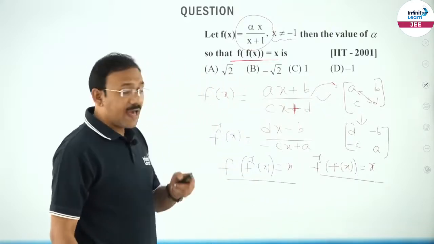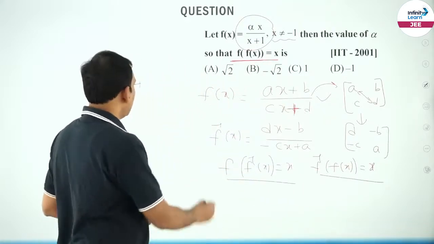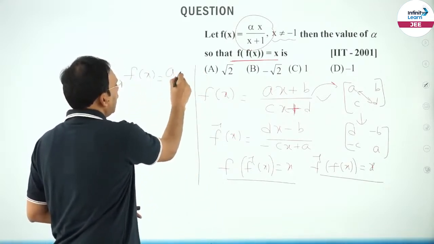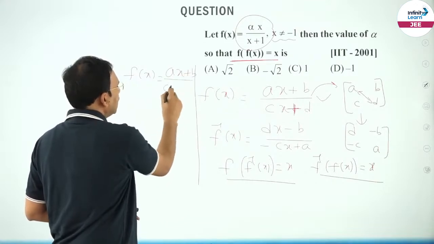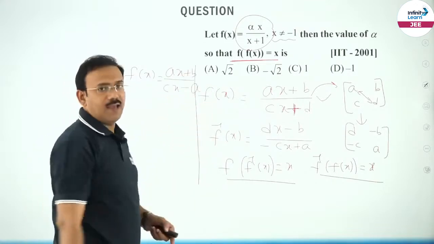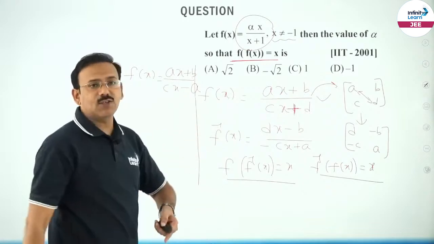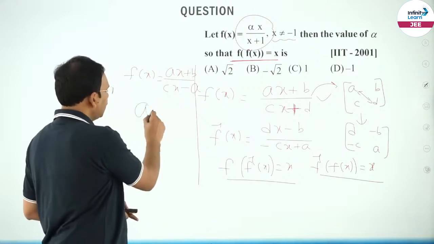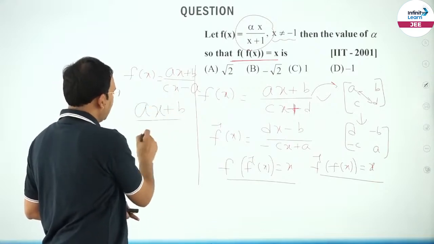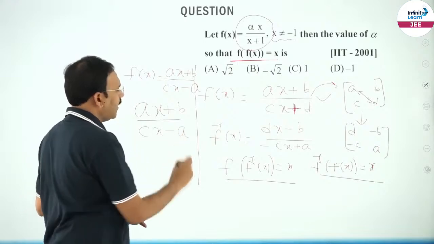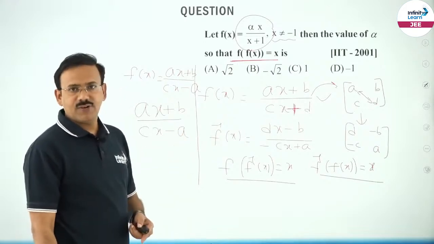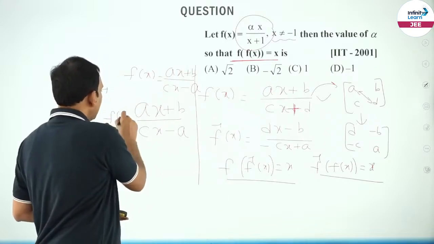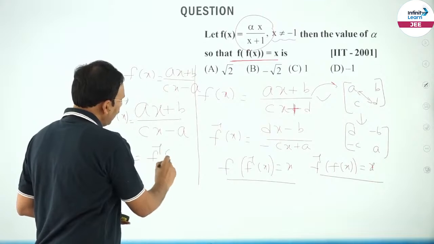Now friends, another important point. If you choose f of x like (ax plus b) by (cx minus a), that means d is nothing but the negative of the x coefficient in the numerator. If you find the inverse, you will get the function itself, f of x will be equal to f inverse of x.